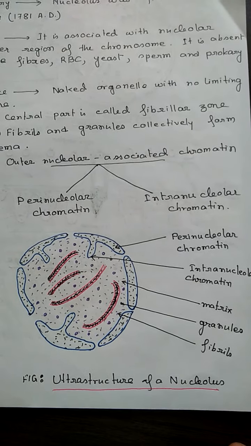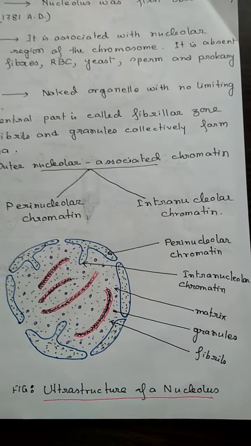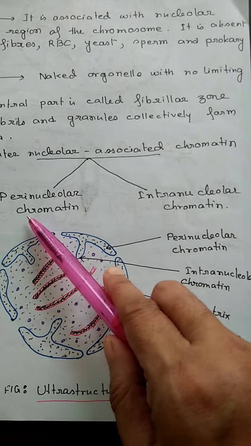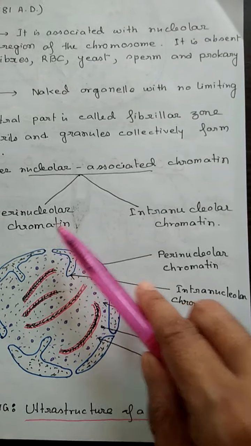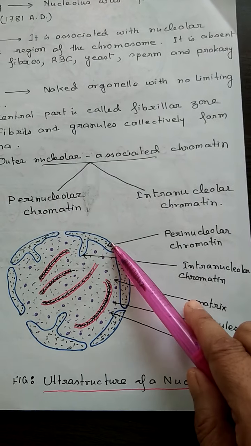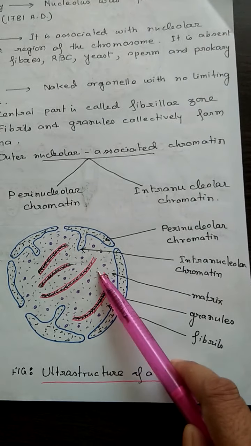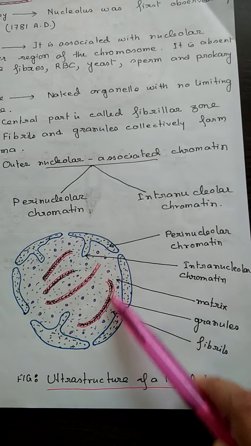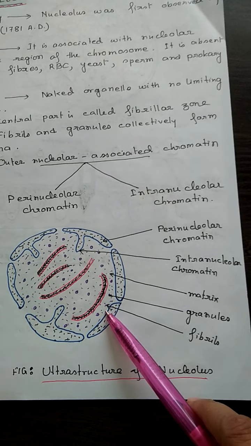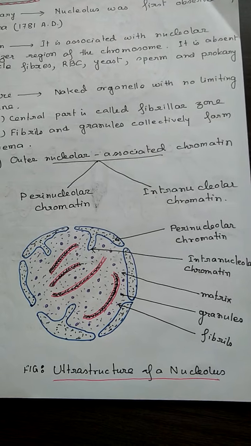Fibrils and granules collectively form the nucleonema. Outer is associated perinucleolar chromatin, and inner is intranucleolar chromatin. These are the matrix. Some granules are present, and in between those granules, fibrils are present.